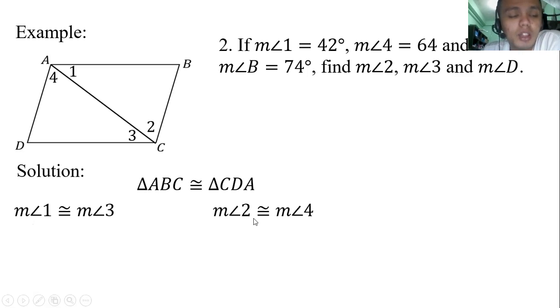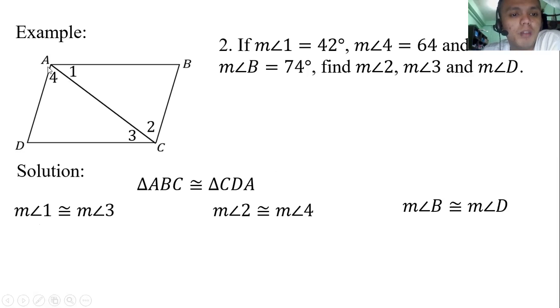The measure of angle 2 is congruent to the measure of angle 4. And then the measure of angle B is congruent to the measure of angle D because B and D are opposite angles. So it is very easy now to find the angle measures. Now, why is the measure of angle 1 congruent to the measure of angle 3? Because A and C are opposite angles.